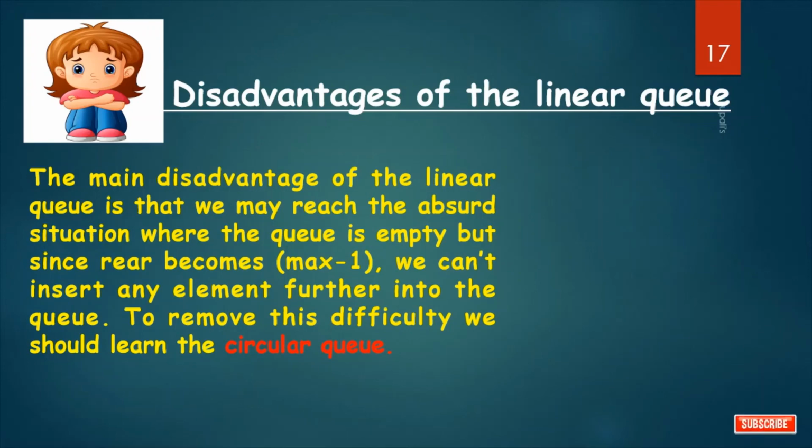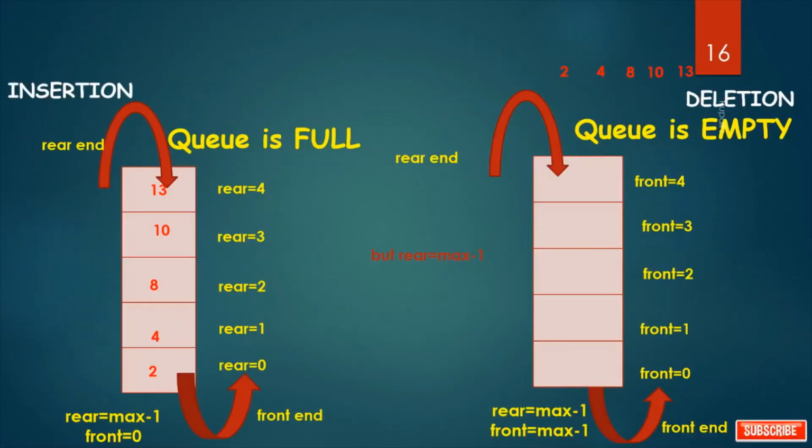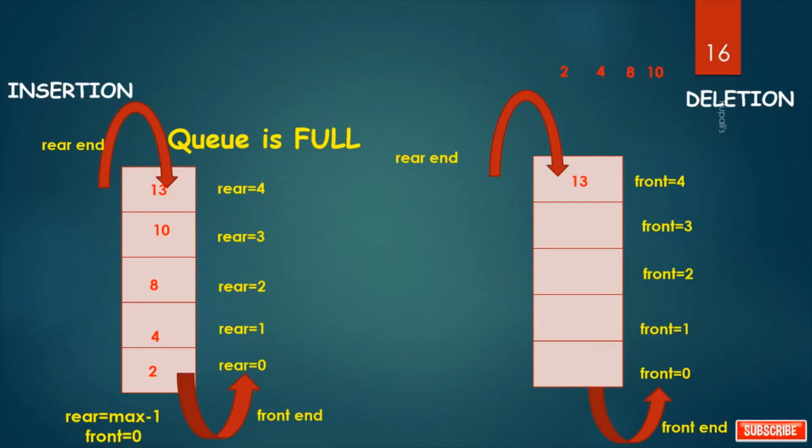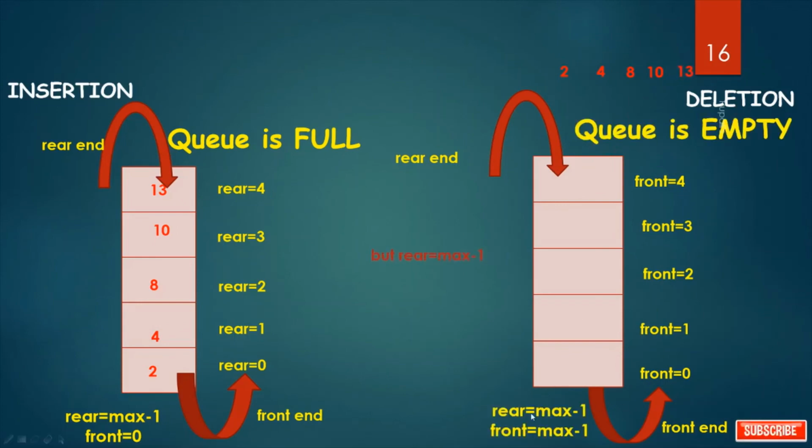To remove this difficulty, we have to learn circular queue. After reaching here, both rear and front are max minus 1. If it is possible to start inserting from the beginning again, then this difficulty may be overcome. For this reason, you have to learn circular queue.